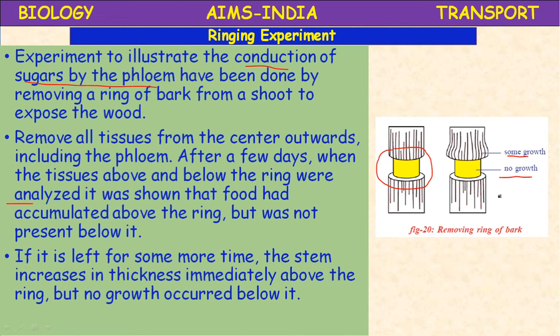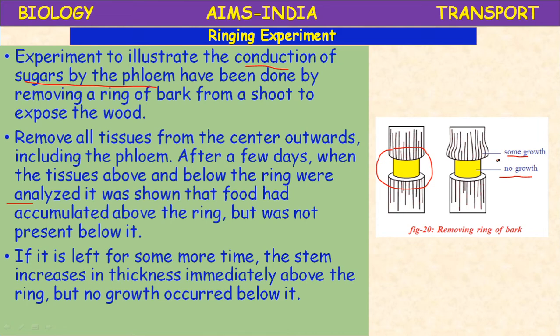Here we interrupted it by removing the bark along with the phloem. We made a ring such that the food material is stopped here itself. That's why growth occurs here, and the stem will be bulging.